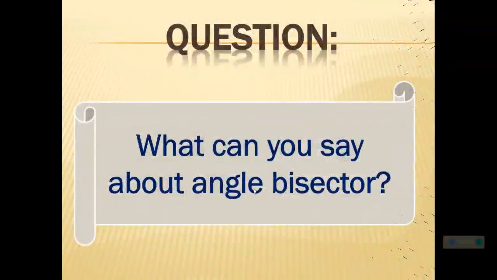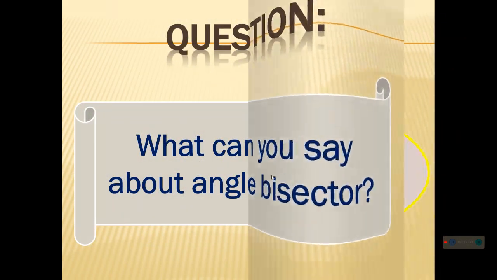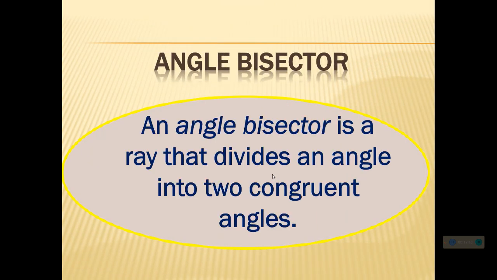Next, how about the angle bisector? An angle bisector is a ray that divides an angle into two congruent angles. When we say two congruent angles, you have to divide the angle into two equal measures, because congruent angles should have the same measure.